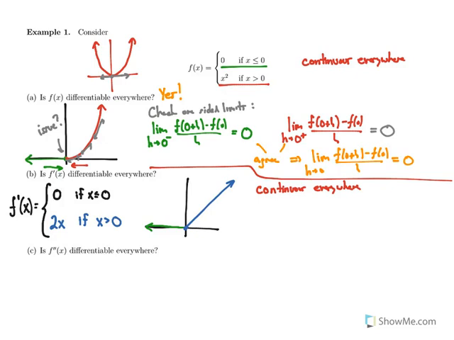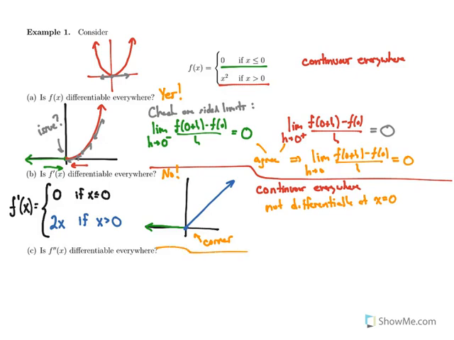But we have a corner here, which means that it is not differentiable at x equals 0. If you think about the left and the right-hand limits, the left limit will be 0, just as we had before. The right limit is going to be 2, as the slope of the tangent line is 2, always for that function 2x. So is f prime differentiable everywhere? The answer is no.